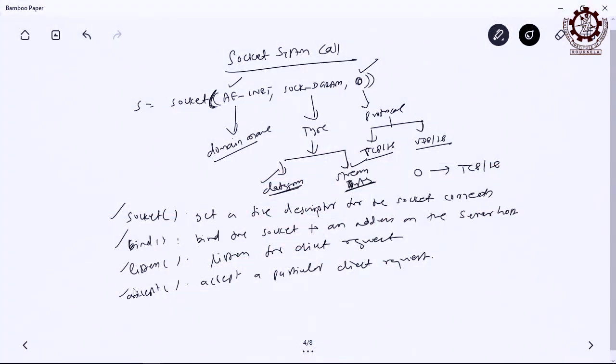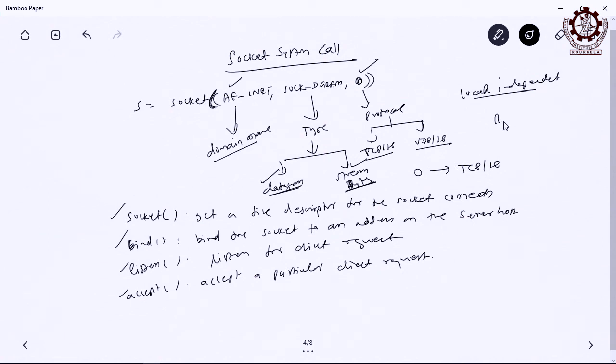So, these are the various system calls we use for establishing inter-process communication, but the only demerit is that the socket system call is not location independent. So, this is good for communication between local processes, but whenever you want to communicate between remote processes, then the socket system call may not be useful.